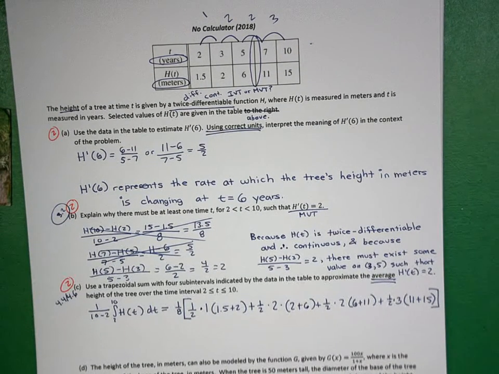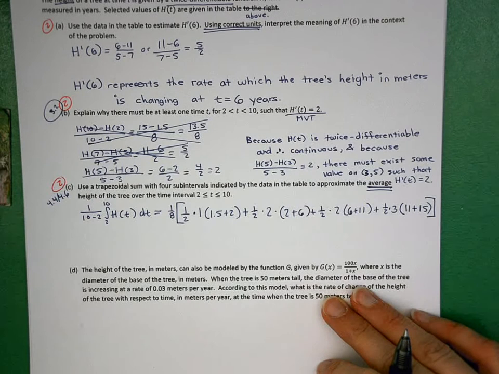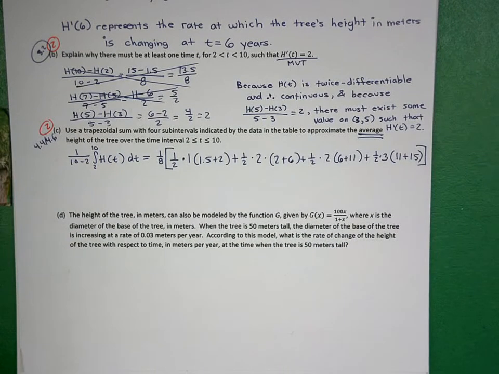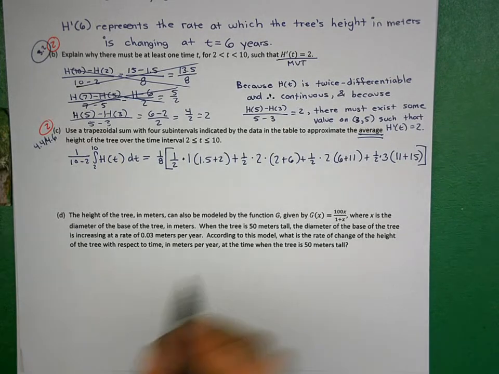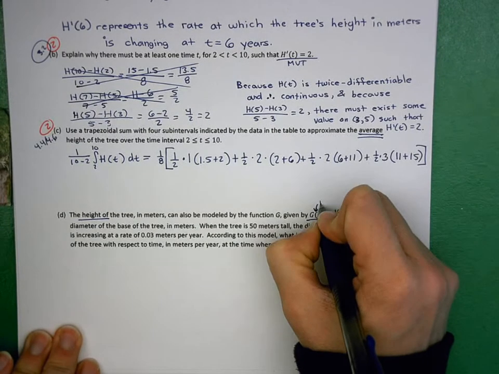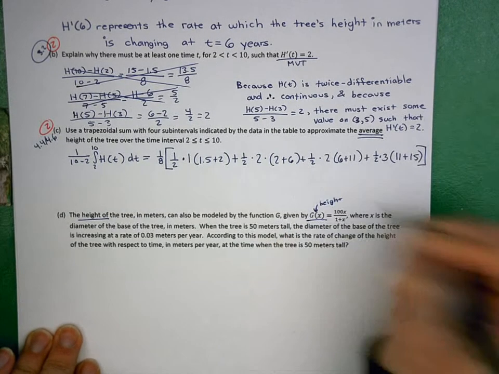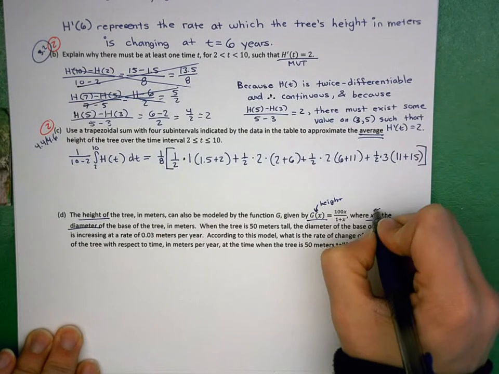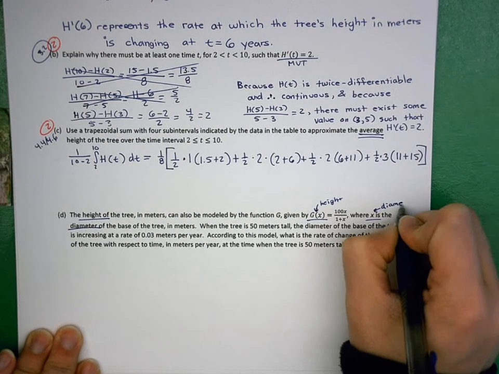Okay, D, we have the height of the tree in meters can also be modeled by the function g, given by g of x. So we've got a height function here, where x is the diameter in meters.